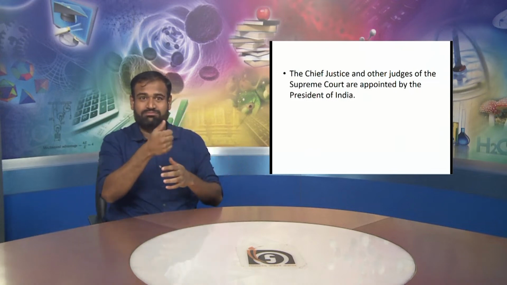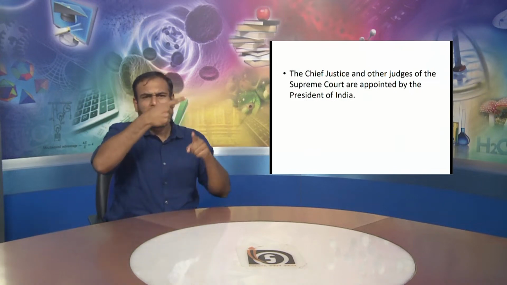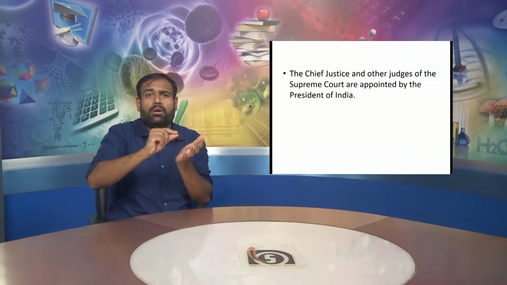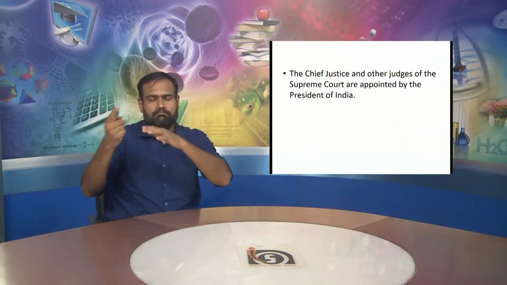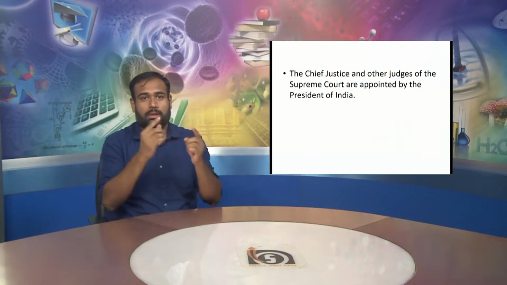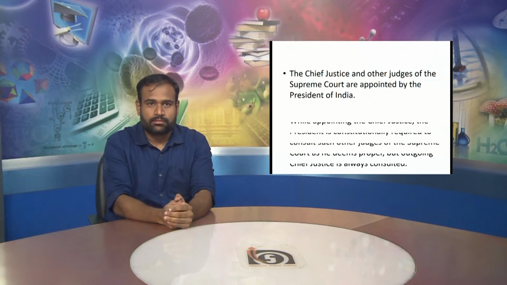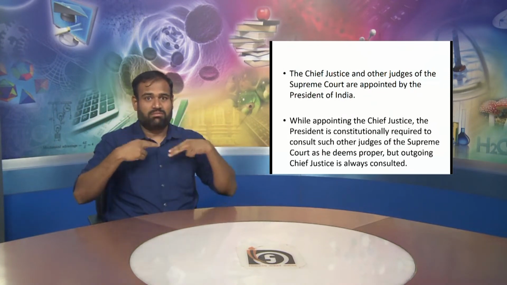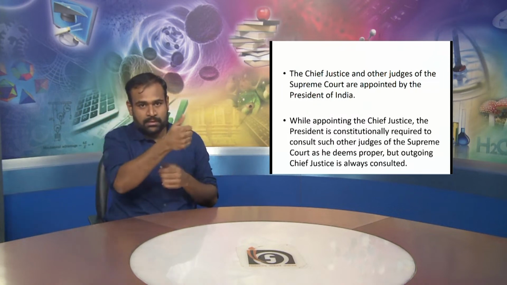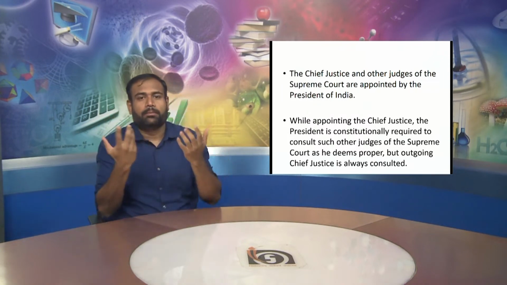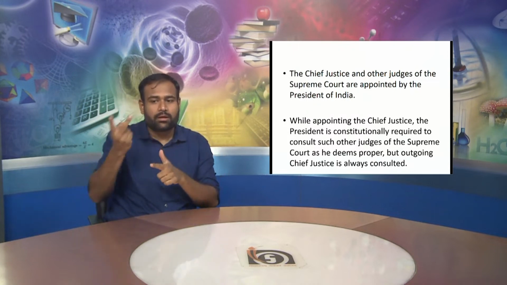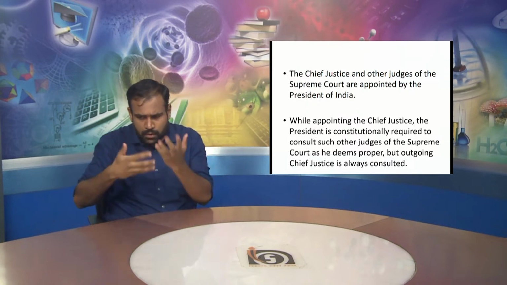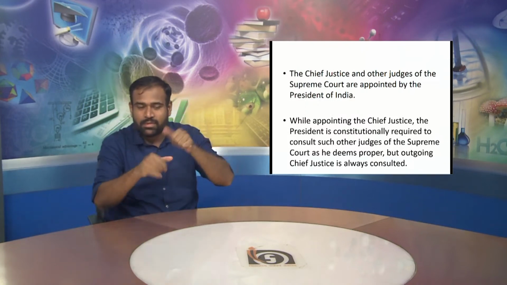The Chief Justice and other judges of the Supreme Court are appointed by the President of India. While appointing the Chief Justice, the President is constitutionally required to consult such other judges of the Supreme Court as he deems proper, but the outgoing Chief Justice is always consulted.